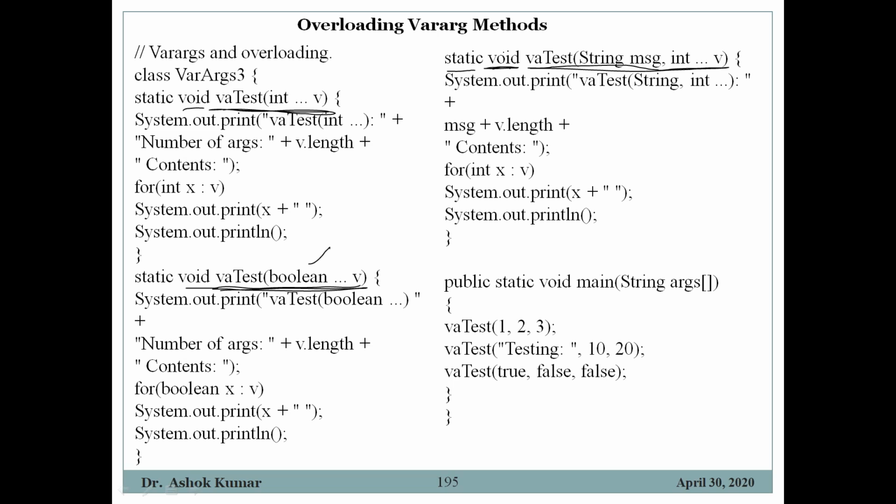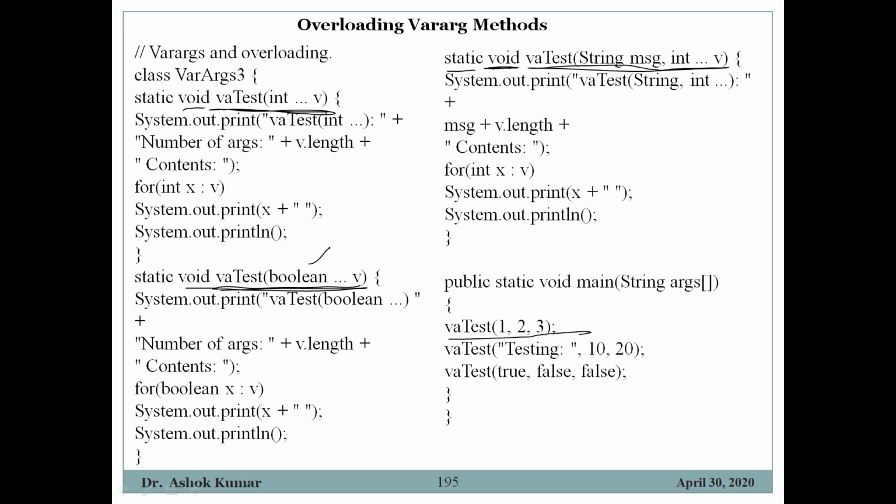How this will execute, I'm not going to discuss statement by statement, I'm just going to discuss which function will be called. If you look at the first call, because all the parameters are of type integer, a variable argument function that can receive integer arguments will be called.